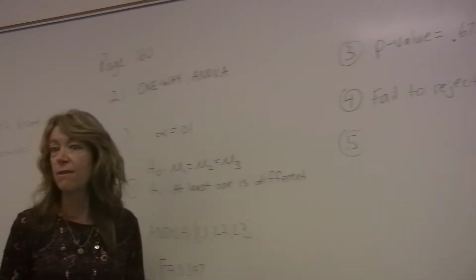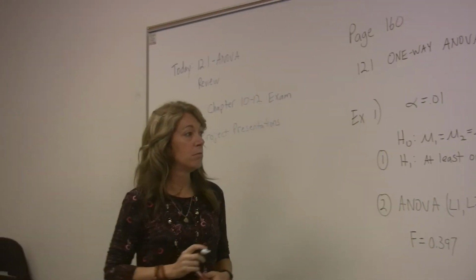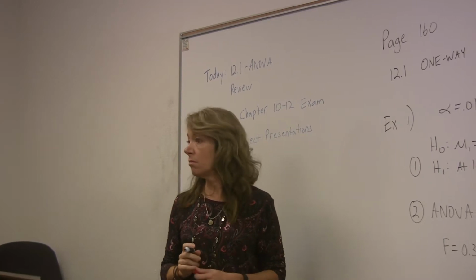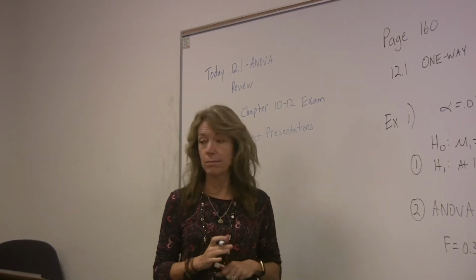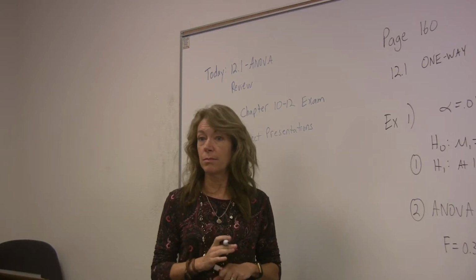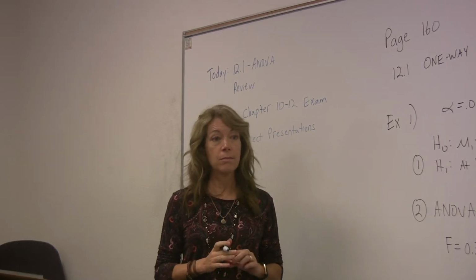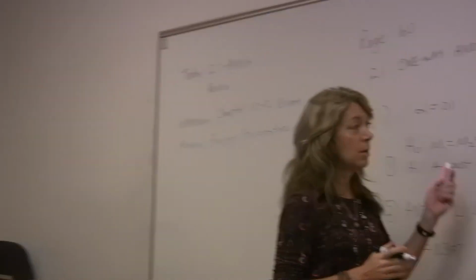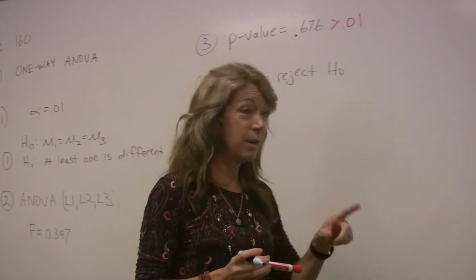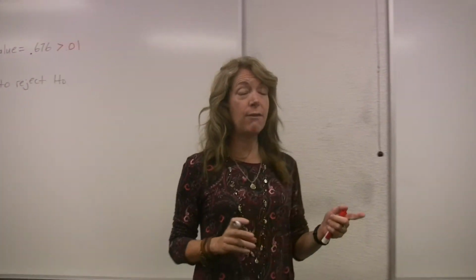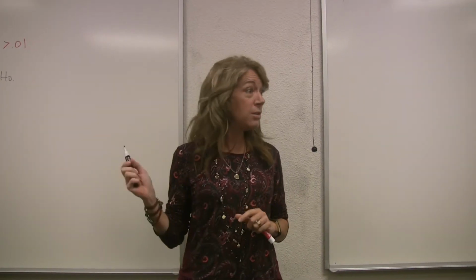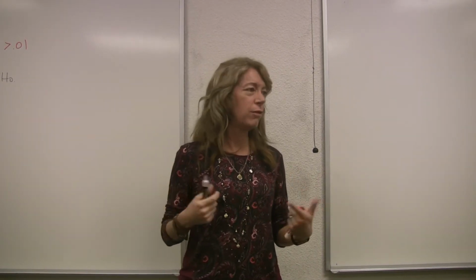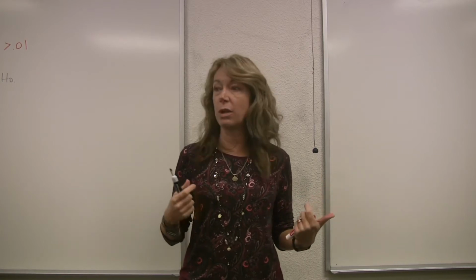And then step 5 is to write my conclusion. What is my conclusion? We can't say that they are the same. It implies that though. Evelyn said the conclusion is that the means are the same. That is what it appears to be, but we can't actually say that we have proof or that it supports that, because we never can support H0.